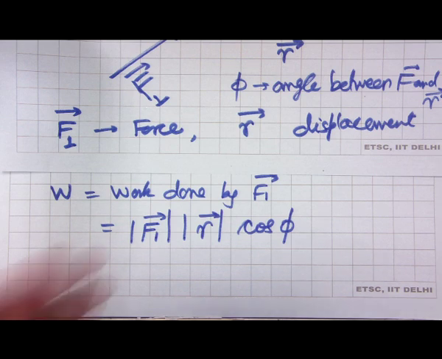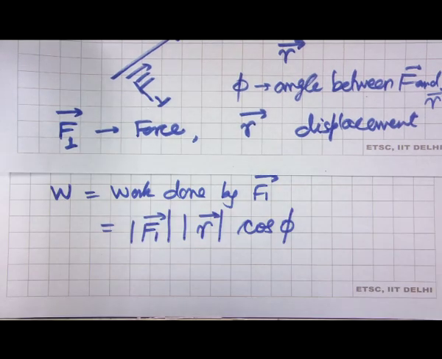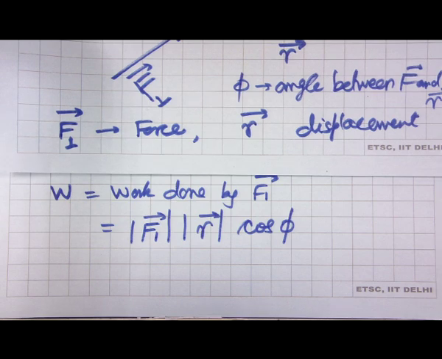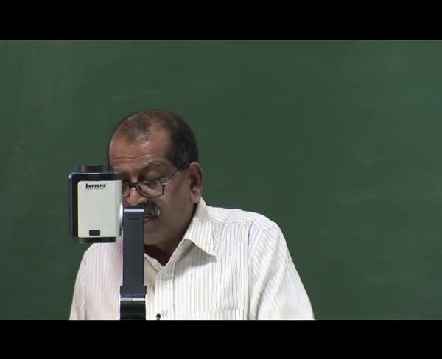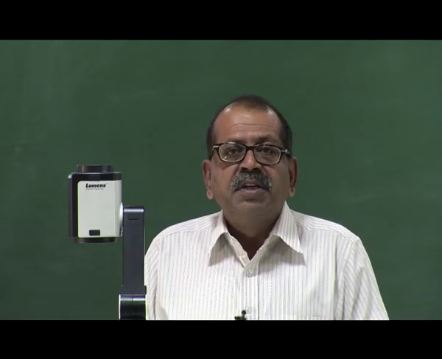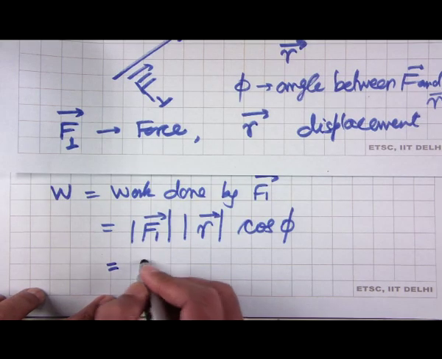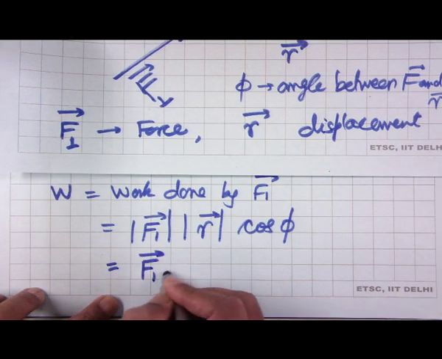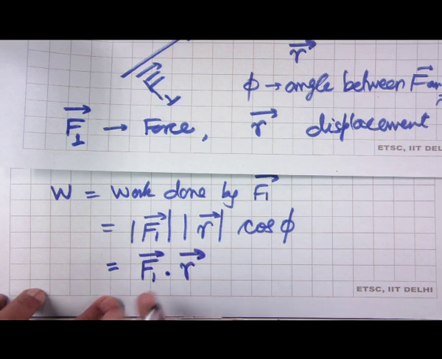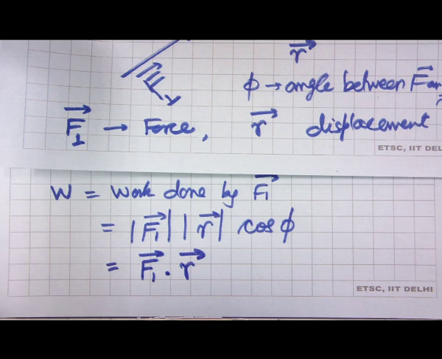So, this is how we define work done in a general case when force and displacement can be along different directions. And if we realize this is nothing but the dot product of force and the displacement vectors.